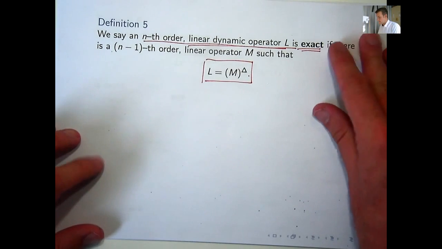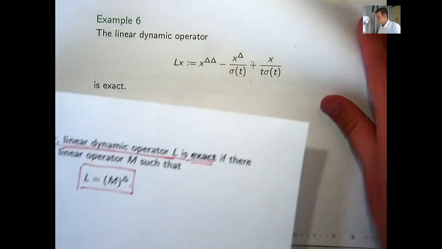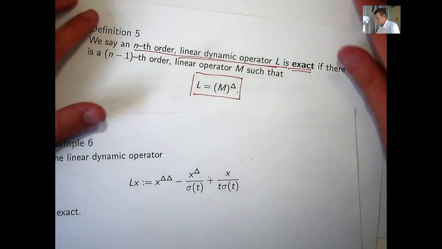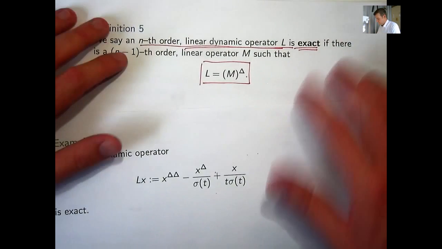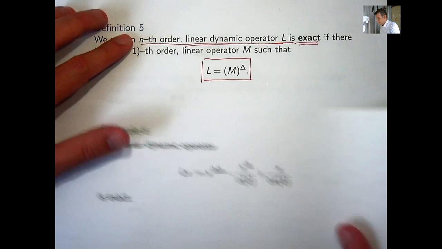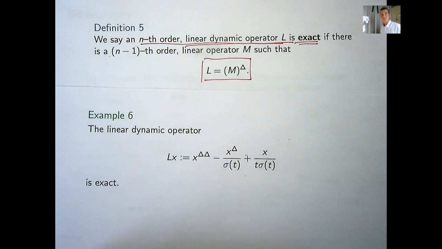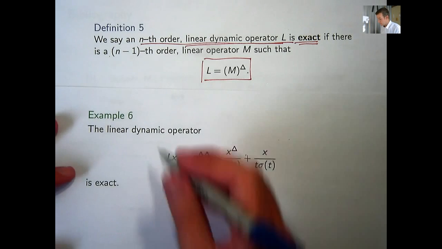Okay, so let's look at another example. Here's a linear dynamic operator. If you rearrange this, you'll get what's known as the Cauchy-Euler type equation for dynamic equations on timescales.